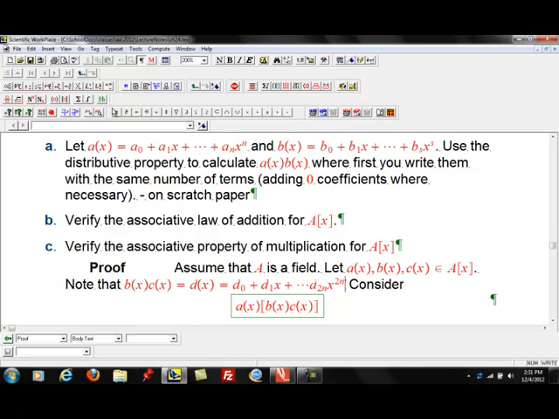So that's going to be that case right there, and we can define what each of those values is going to be.